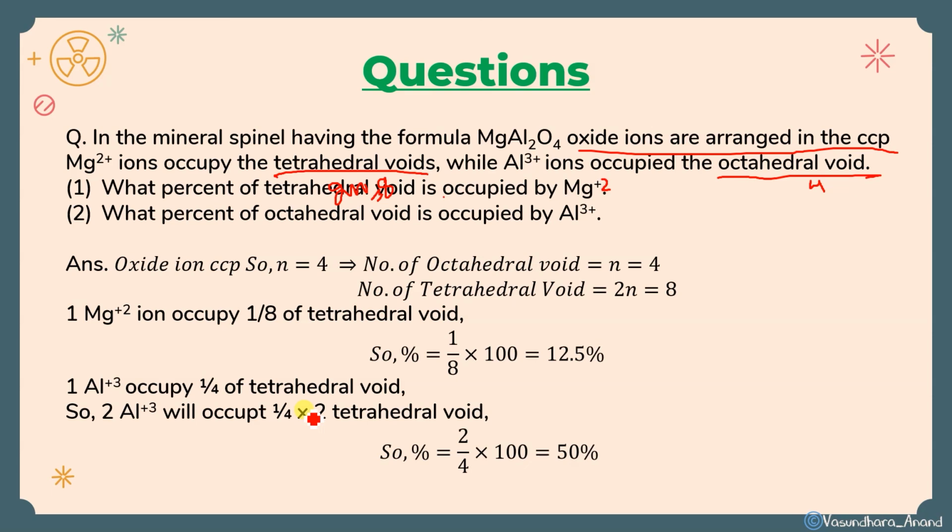So magnesium will occupy 12.5% of the total tetrahedral voids, while aluminium will occupy only 50% of the total octahedral voids. Clear, children? There is a mistake over here. This is correct. This will be octahedral. Yes. Clear? Any problem in this?